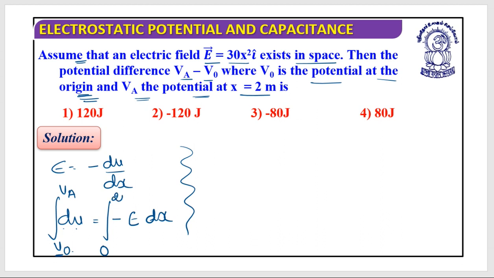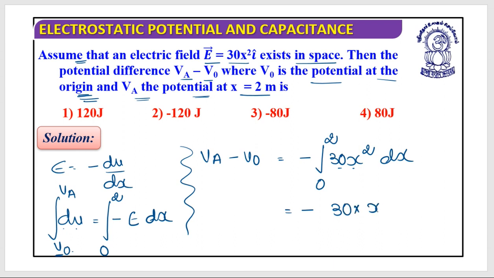So with the limits, VA minus V naught equals minus the integration of E, that is 30x square dx. I need to integrate this from 0 to 2. So minus 30 multiplied by x cube divided by 3, with the limits from 0 to 2.